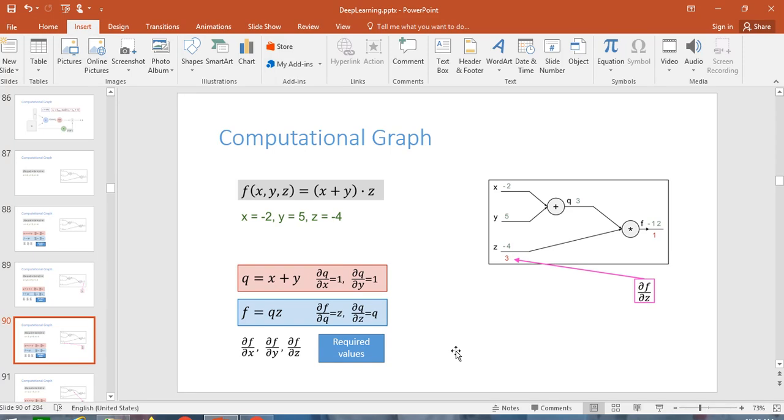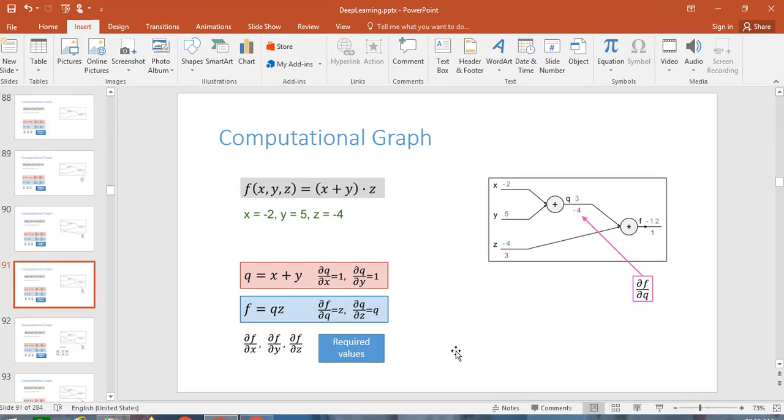All we have to do is multiply the differential with respect to the output by the local gradient. What is local gradient? This function is 1 divided by x. x here is a small 1.